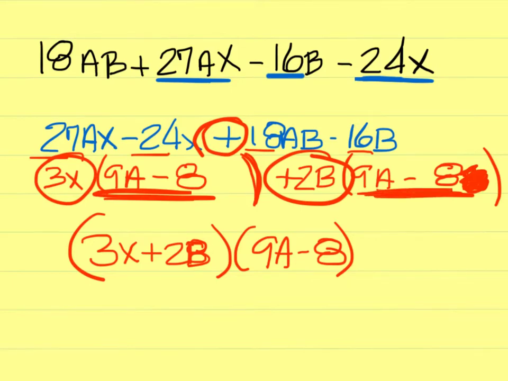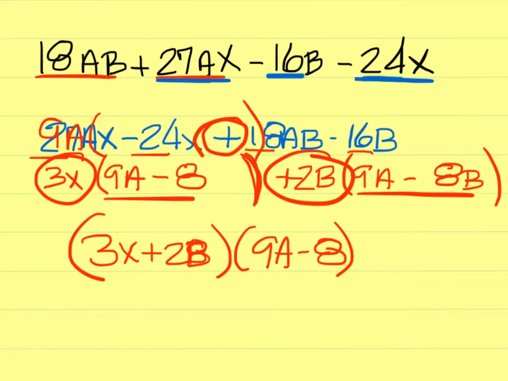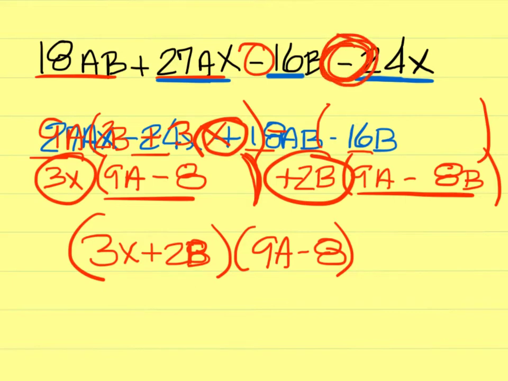We're going to do the same problem except leaving it the way it is, and in this case you can factor out a 9a from the first two terms and be left with a 2b plus 3x. Now you have a minus sign back here, so that means you have to change this one here, 16b plus 24x.